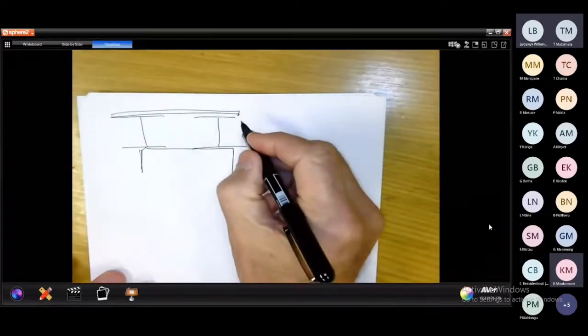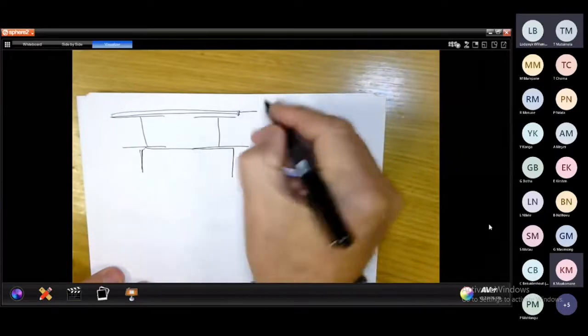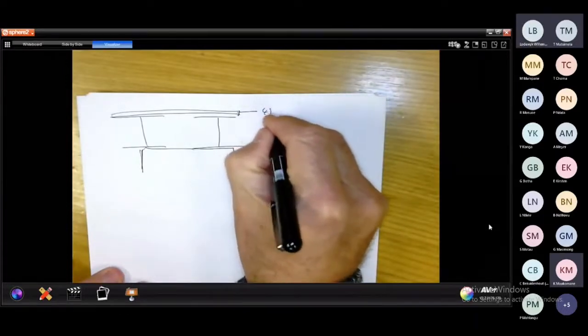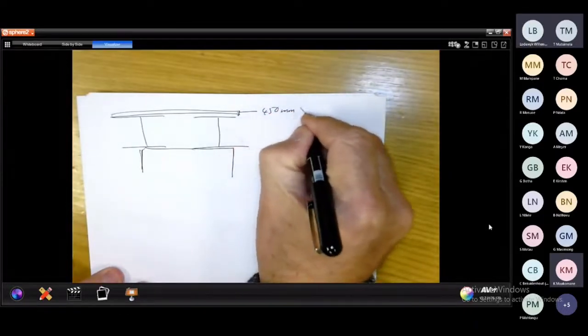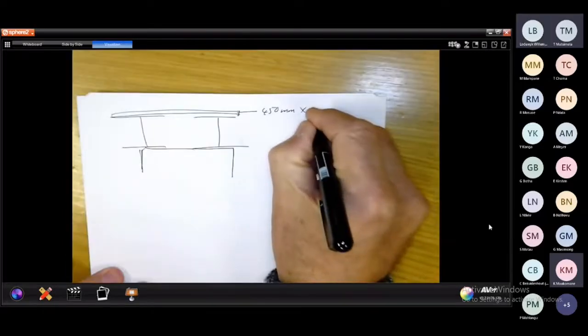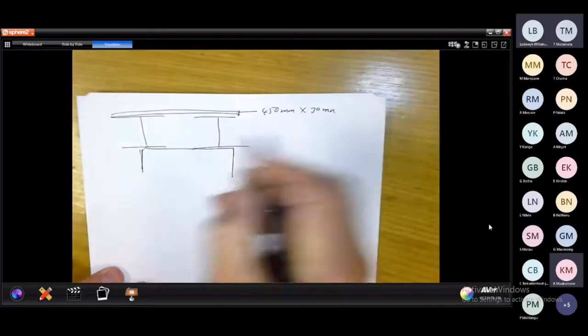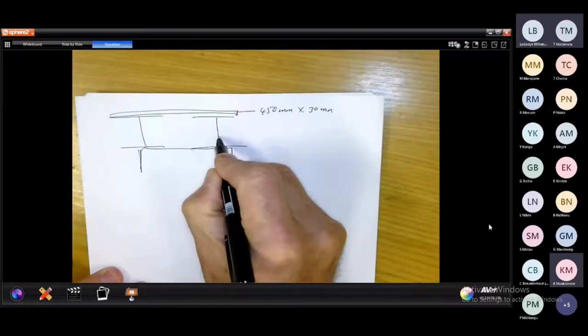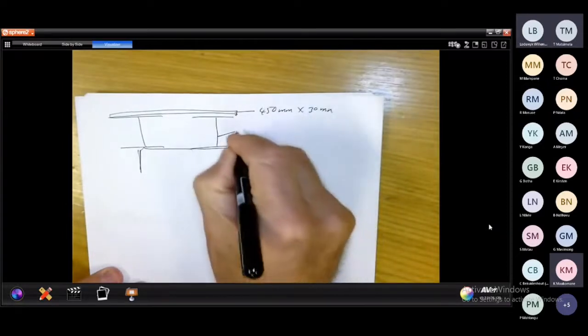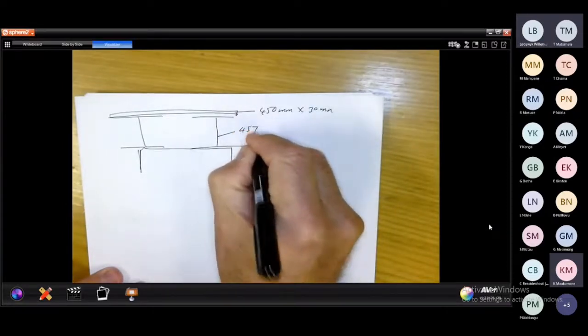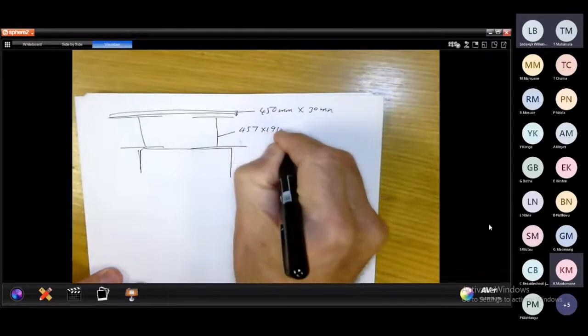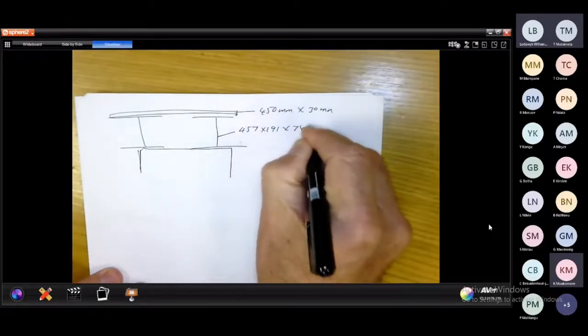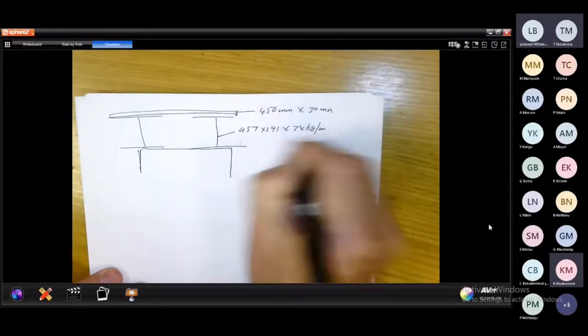He said to you, the plate is 450 millimeters by 30 millimeters. He said to you, this is an I section parallel 457 by 191 by 74 kilograms per meter.